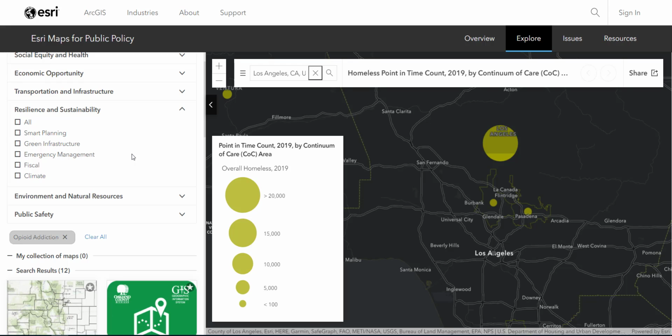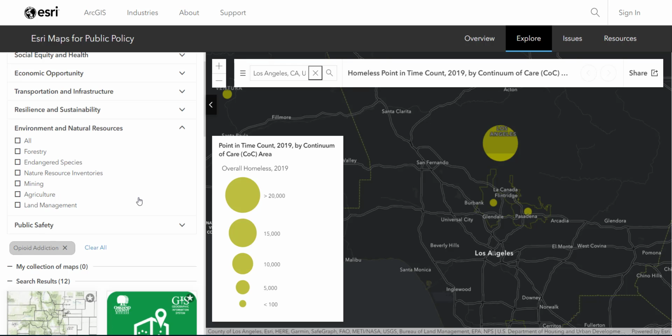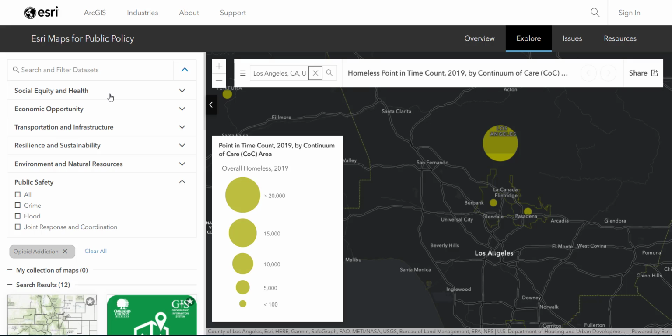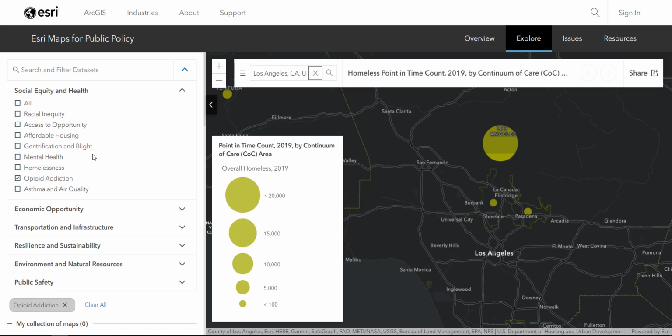We can look at resilience and sustainability to understand how our areas are doing in terms of climate, smart planning, emergency management. We can also look at forestry and endangered species, agriculture, as well as public safety to understand crime, flood, and all of the coordination that goes into making a safe community.